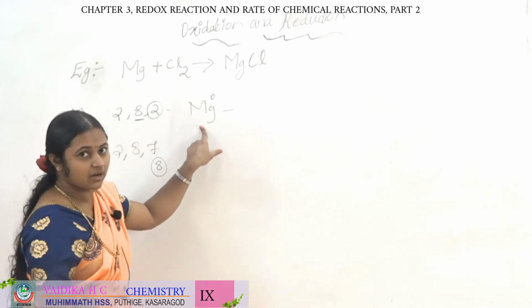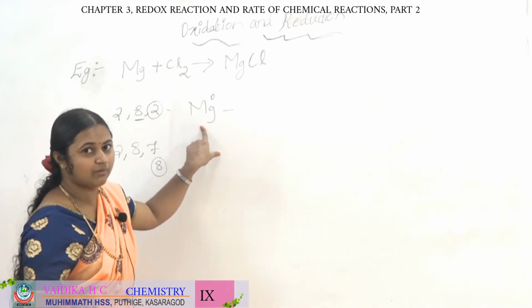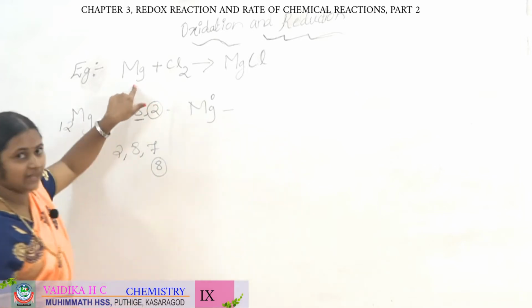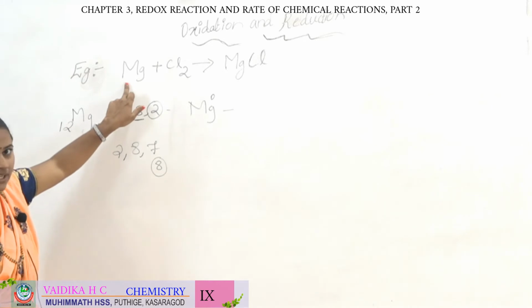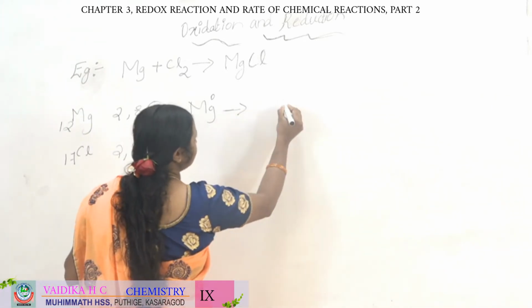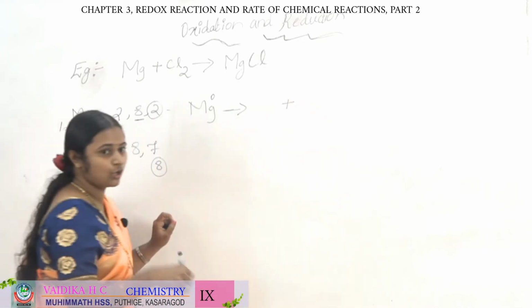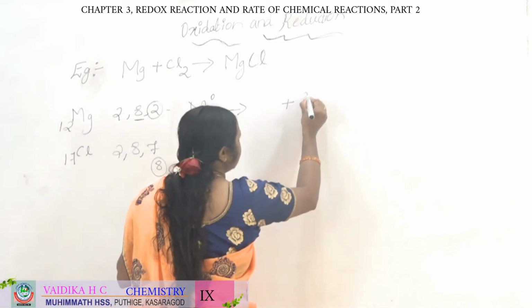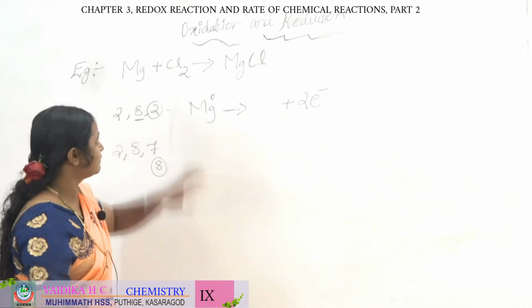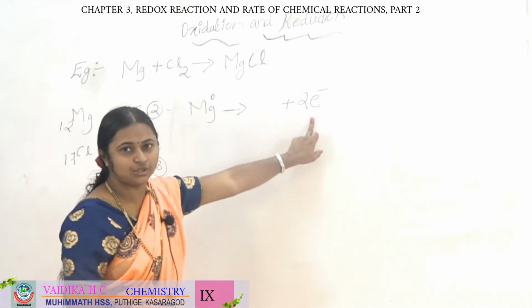And I told you that this magnesium will donate 2 electrons. So in the reactant side, it will be magnesium itself. It will donate 2 electrons, that means it will lose 2 electrons. That we will represent like this, 2 electrons. That is, magnesium lost 2 electrons.